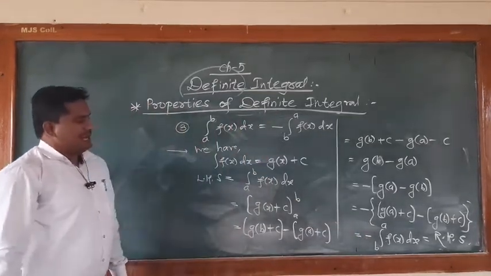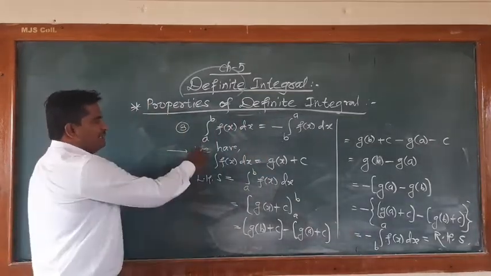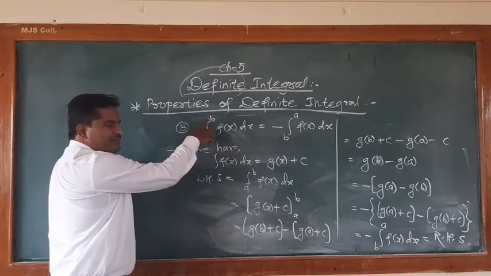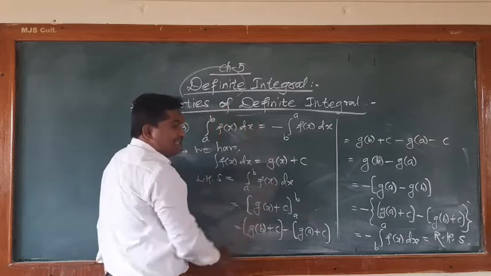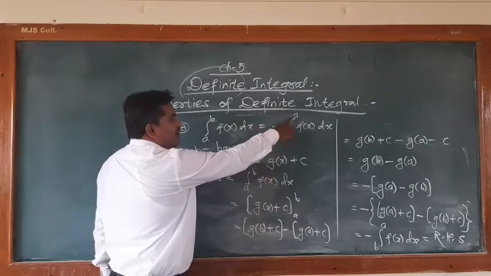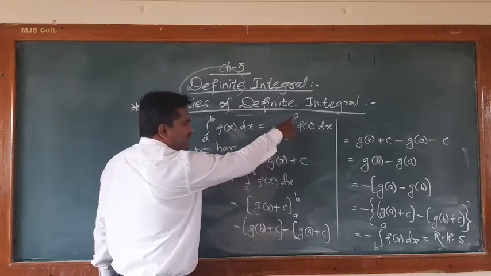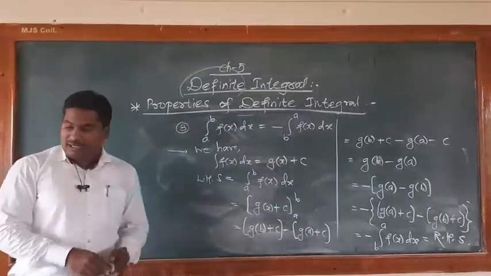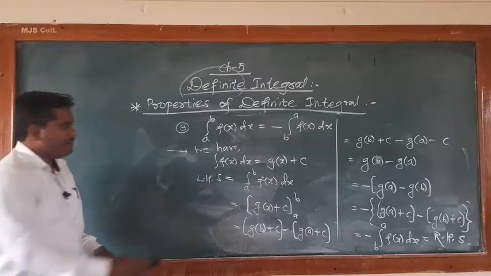Hence it is the RHS, and we can say that the integration of f of x with respect to dx from a to b is changed in sign by taking the upper bound as a and the lower bound as b. It is the third property.